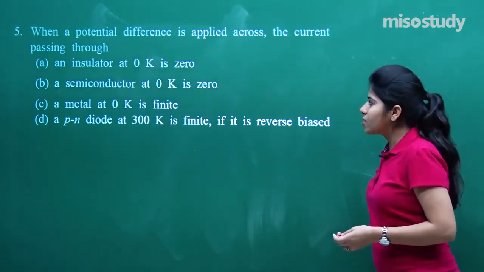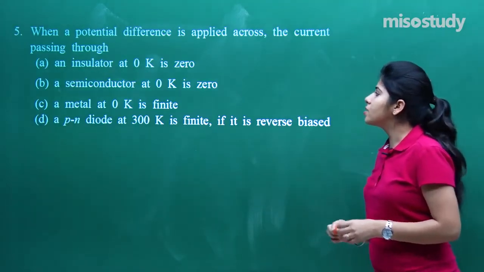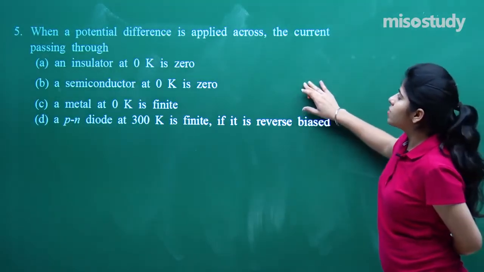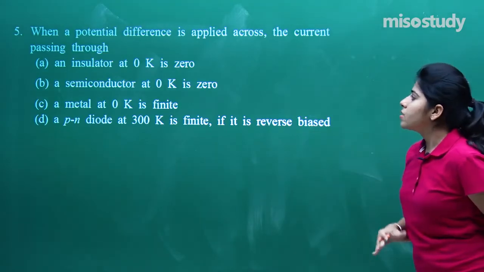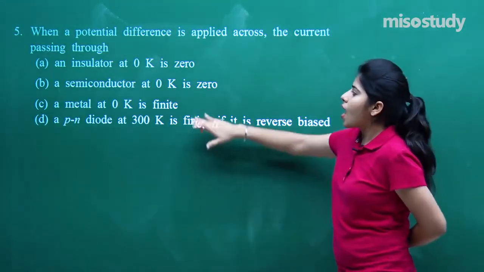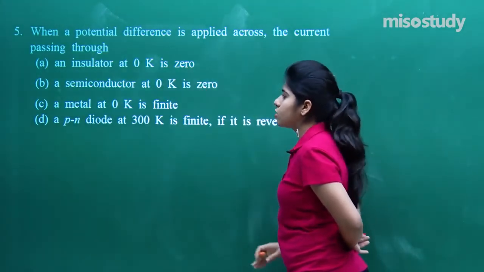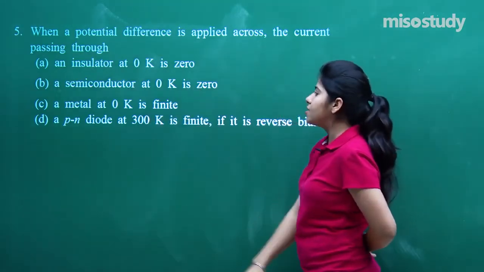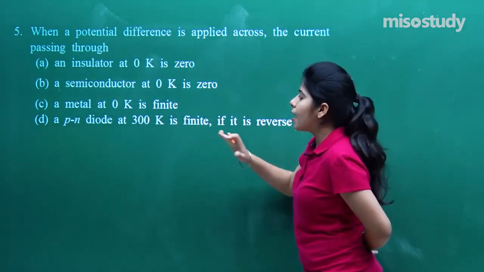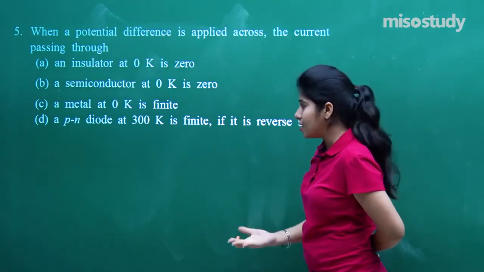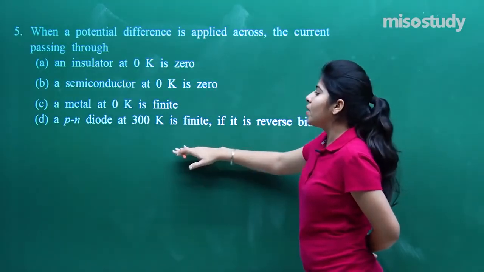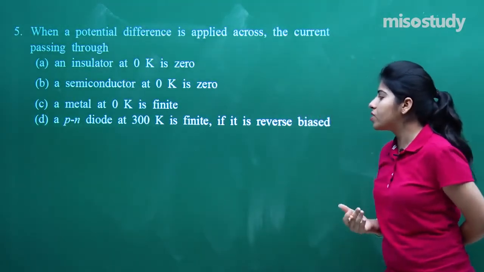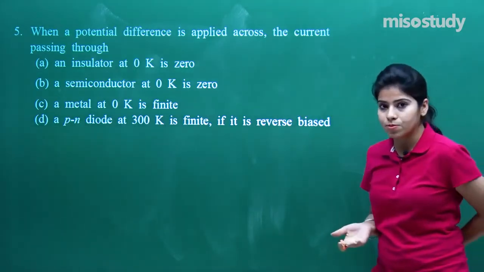And question number 5, we can see that when a potential difference is applied across, the current passing through: option A, an insulator at 0 Kelvin is 0; option B, a semiconductor at 0 Kelvin is 0; option C, a metal at 0 Kelvin is finite; and option D, a PN diode at 300 Kelvin is finite if it is reverse biased.